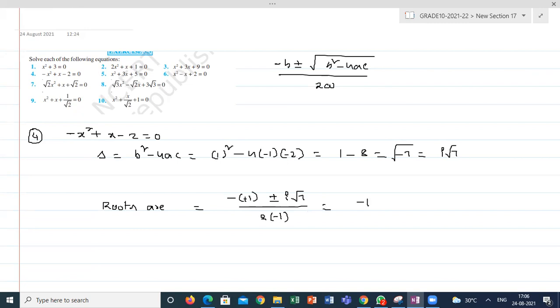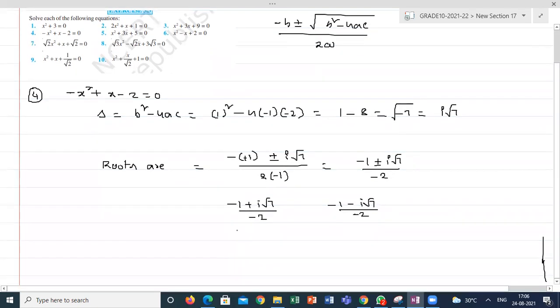This will be minus 1 plus or minus i root 7 divided by minus 2. If I write separately, minus 1 plus i root 7 by minus 2, minus 1 minus i root 7 by minus 2. So the simplest form of the roots are 1 minus i root 7 by 2, 1 plus i root 7 by 2. Do you agree, students?